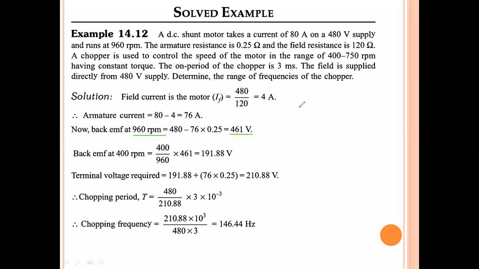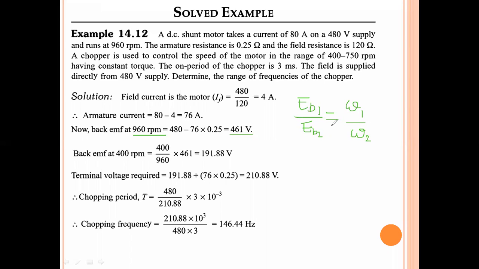From the EB relation, we can write that EB1 by EB2 equals omega 1 by omega 2, because EB is directly proportional to omega.